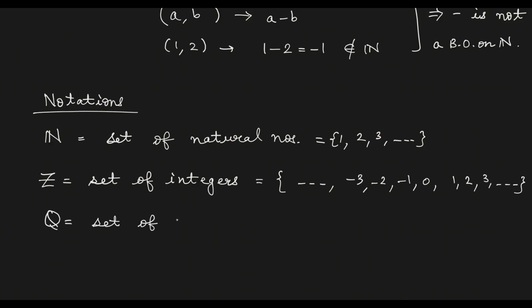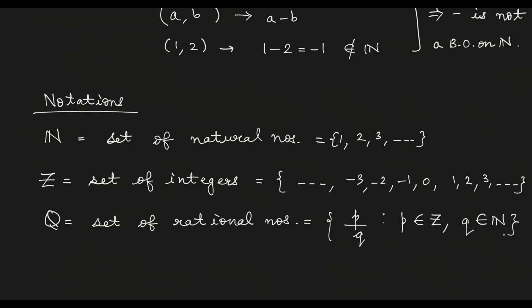Q is the set of rational numbers: p by q, where p belongs to integers and q belongs to natural numbers.